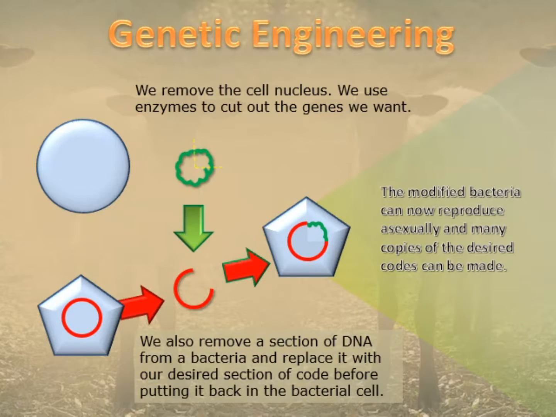And we replace that into the bacteria cell, and we now have a modified bacteria. And then it can now reproduce normally, and it will copy the section of DNA that we want. So we can reproduce that section of code many, many times.